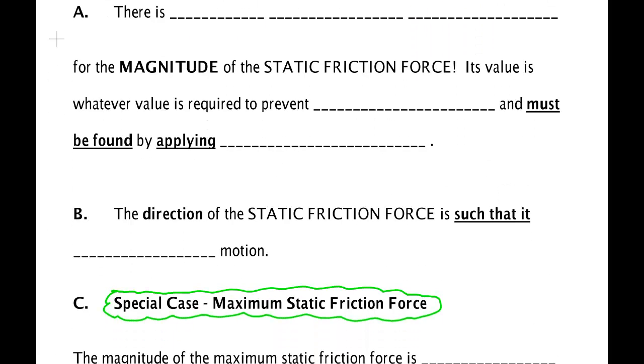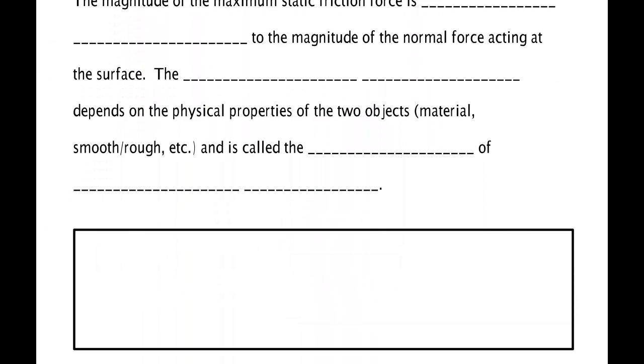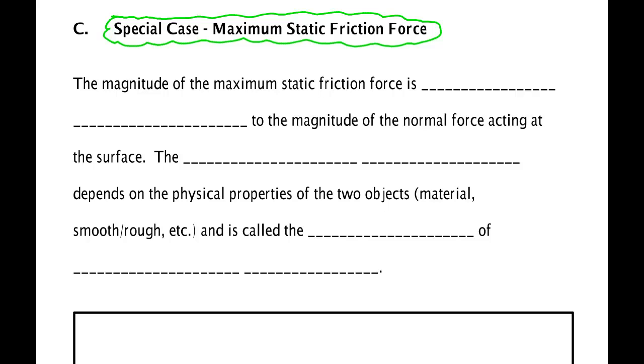All right, let's put that sort of thing down here in this statement about the maximum static friction force. And here's what we can say about it. The magnitude of the maximum static friction force is directly proportional to the magnitude of the normal force acting on the surface.